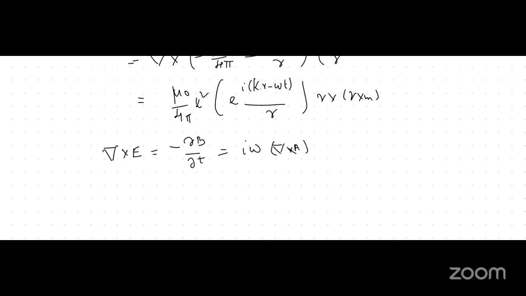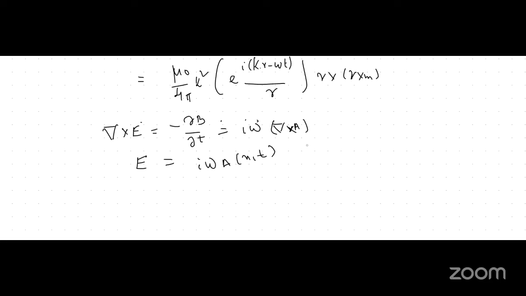Therefore, if you compare these, you get E is equal to i omega A of x,t. Now we substitute the vector potential into the previous equations.